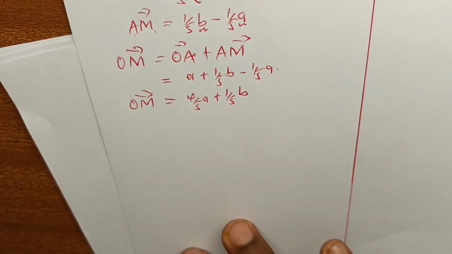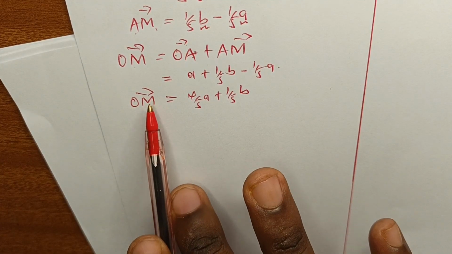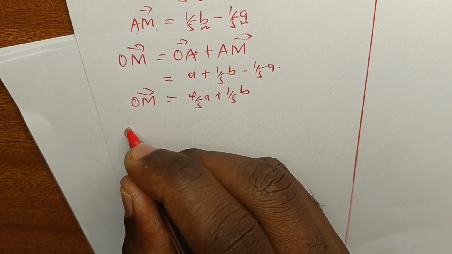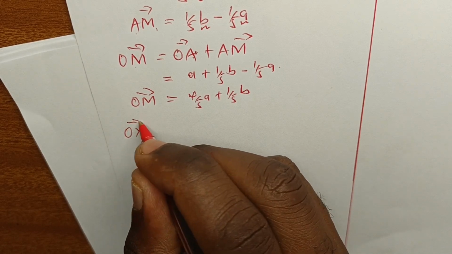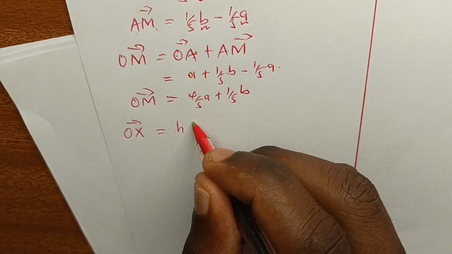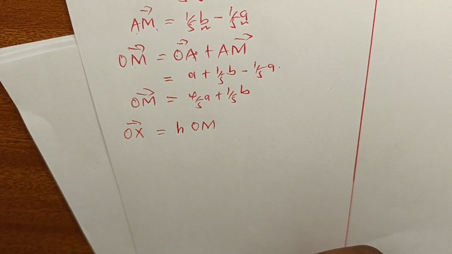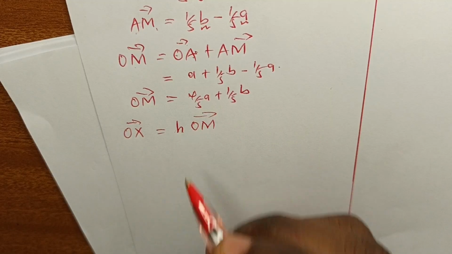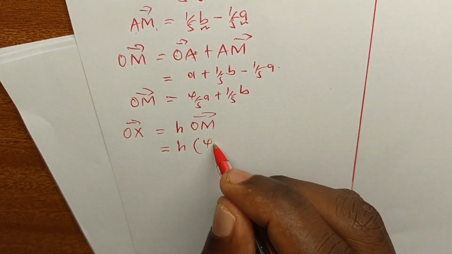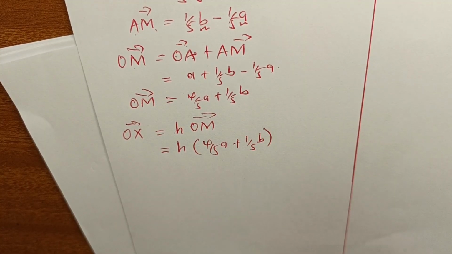Now having OM, I can easily find OX, the first equation of OX. We're told that OX is hOM, and we have our OM as 4/5 a plus 1/5 b.